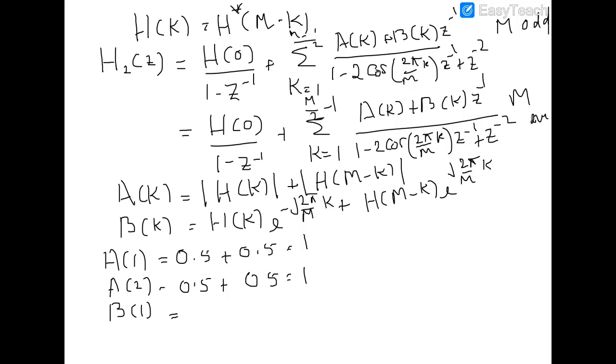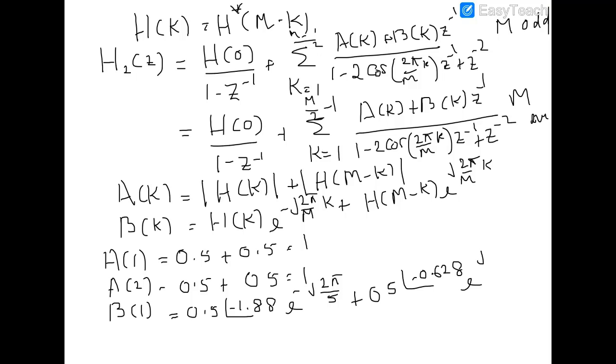Whereas B of 1 is equal to H of 1, and H of 1 is given by the value 0.5 minus 1.88 e to the power minus j 2 pi by 5 into 1, plus it is H of M minus k, so H of 4 is given by 0.5 minus 0.628 e to the power plus j 2 pi by 5 into 1.